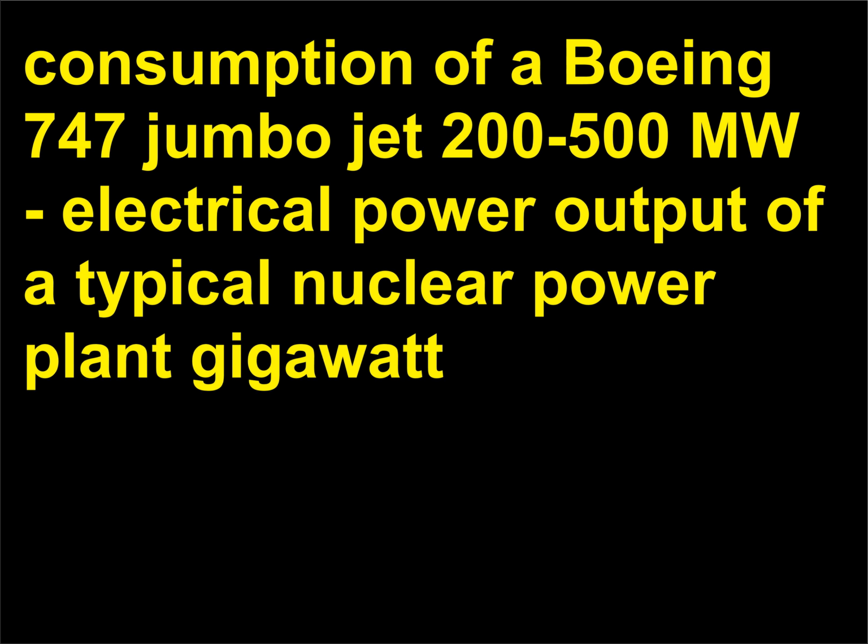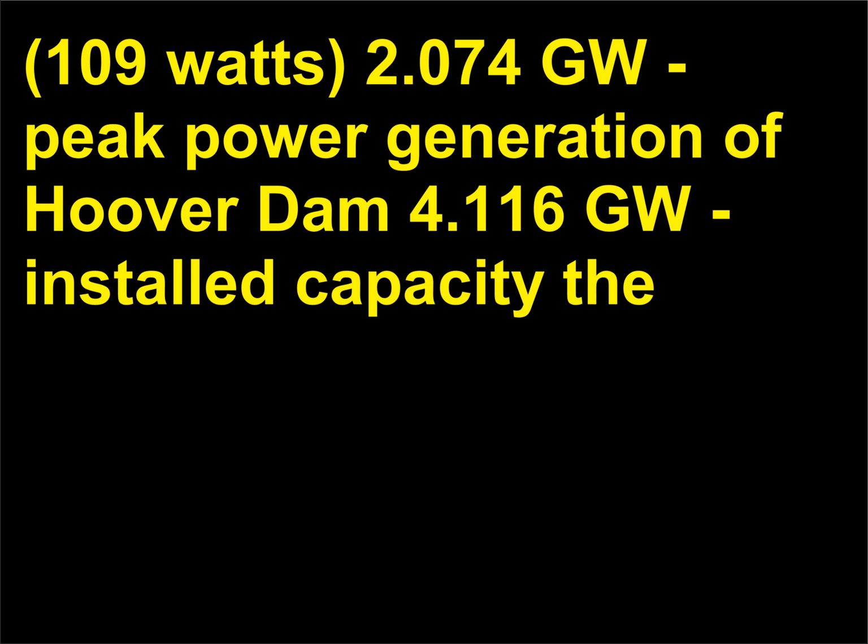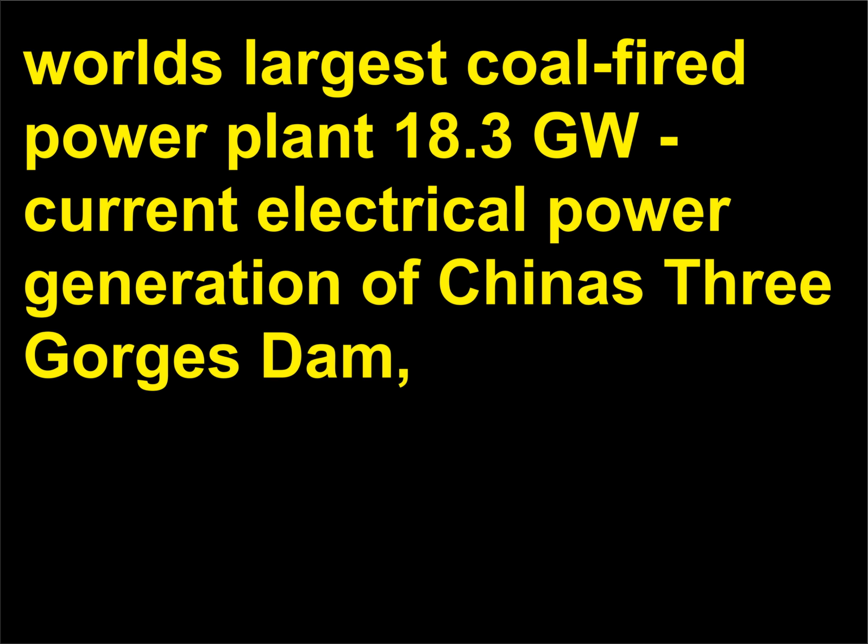Gigawatt, 10^9 watts, 2.074 GW, peak power generation of Hoover Dam. 4.116 GW, installed capacity of the world's largest coal-fired power plant. 18.3 GW, current electrical power generation of China's Three Gorges Dam.